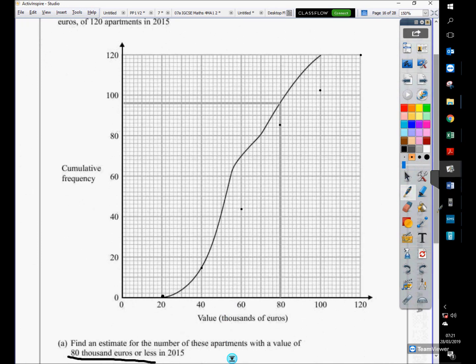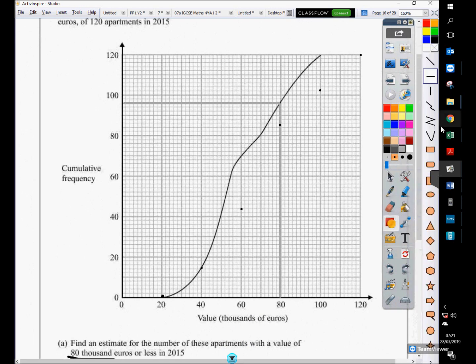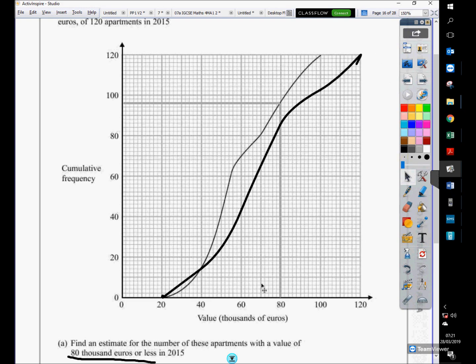That's fine. Right, now, when you join your points up, it needs to be a smooth freehand curve. So let's have a go at this then. Okay, so something like this kind of shape, roughly.